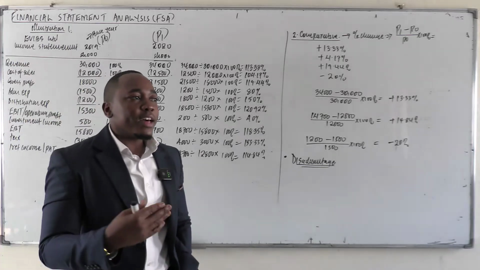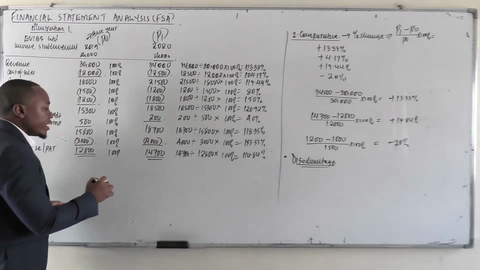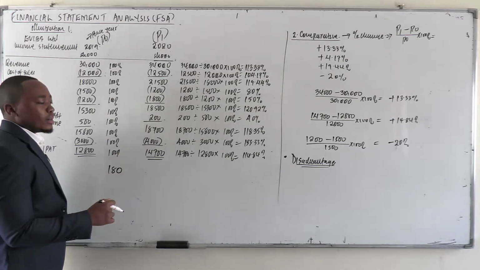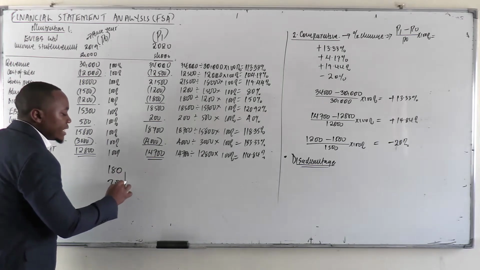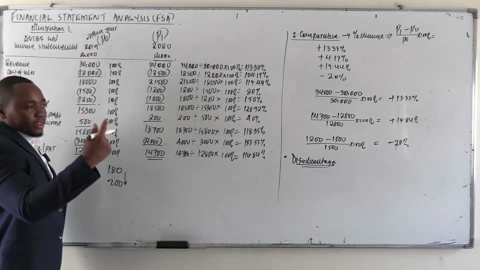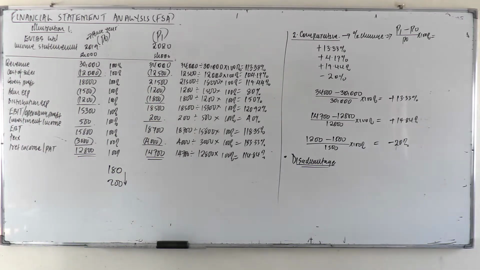They are not selling more than what they used to sell. But per liter, what they used to sell at, for example, 180, the price can go up to over 200. So in this case, the revenue will be high because the selling price has increased. So our revenue can increase as a result of an increment in selling price, which is triggered by inflation.